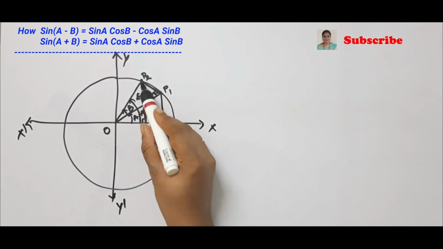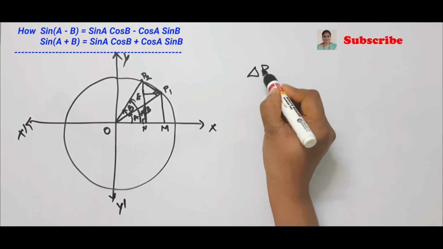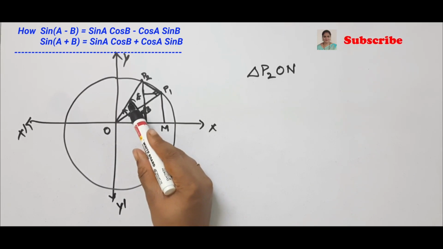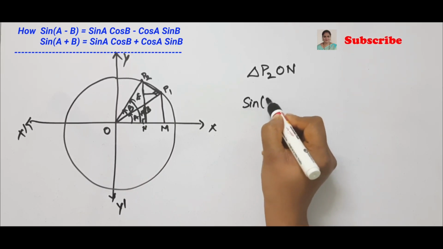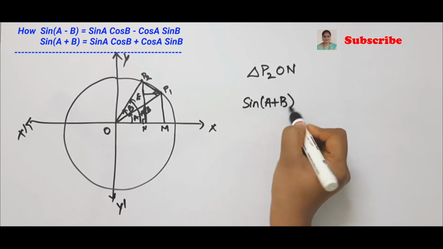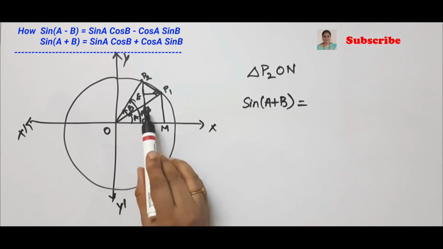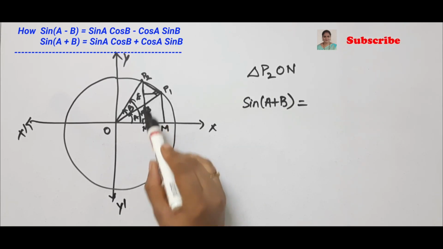Now using this triangle P2ON, this whole angle is A plus B. So sine of A plus B equals opposite side by hypotenuse.